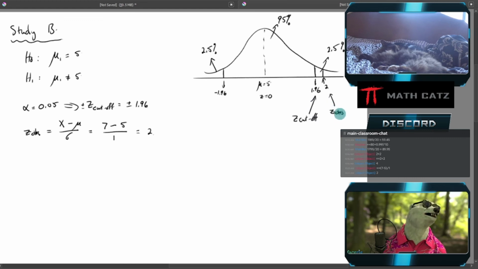This 2 is my observed z-score, and I see it sits further to the right, which tells me again that I expect just sort of common observations close to the mean. The majority of them will be close to the mean. Yet I get something this far out that is not a coincidence.